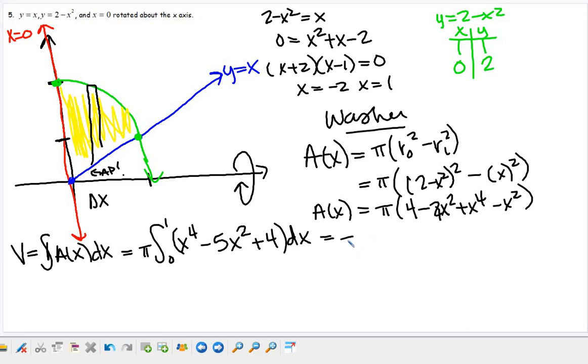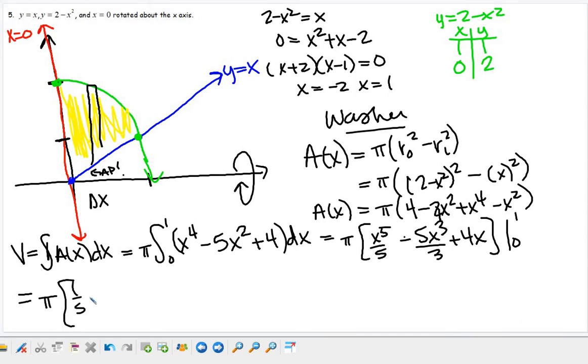So then I have pi x to the 5th divided by 5 minus 5x cubed divided by 3 plus 4x evaluated from 0 to 1. So pi times 1/5 minus 5/3 plus 4 minus 0. So I'm just going to put everything in terms of 15.